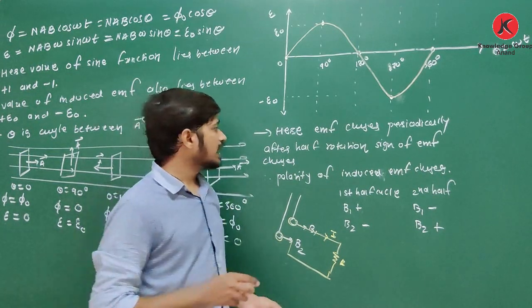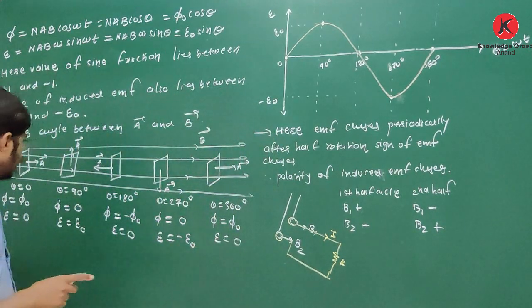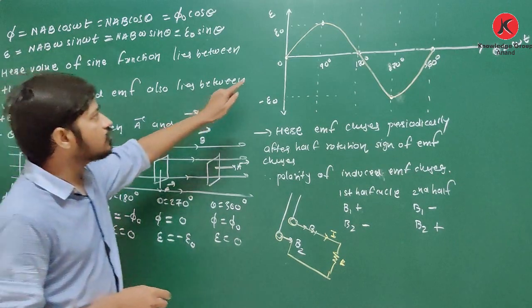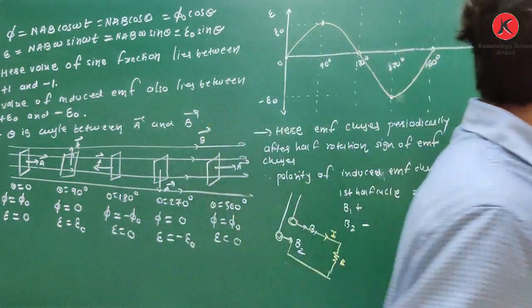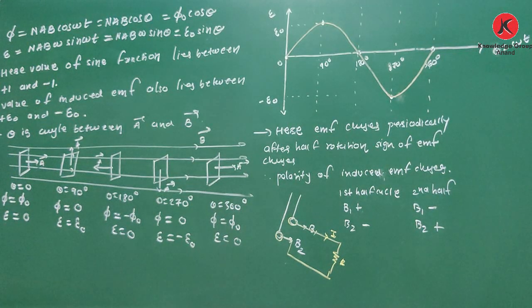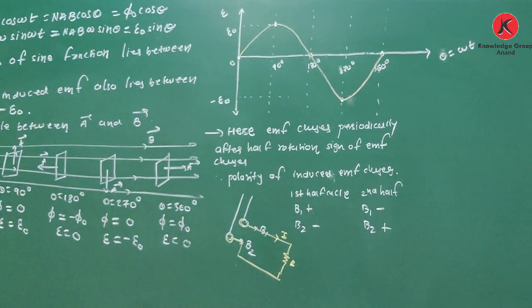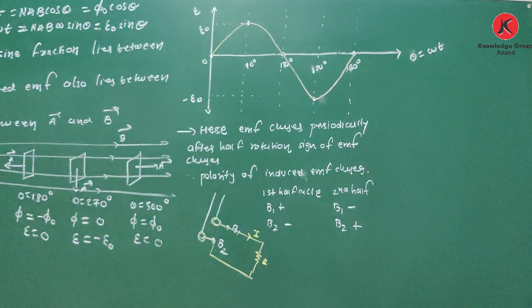From the graph it is clear that the value of EMF is between plus E0 and minus E0. The value of current also changes according to EMF.